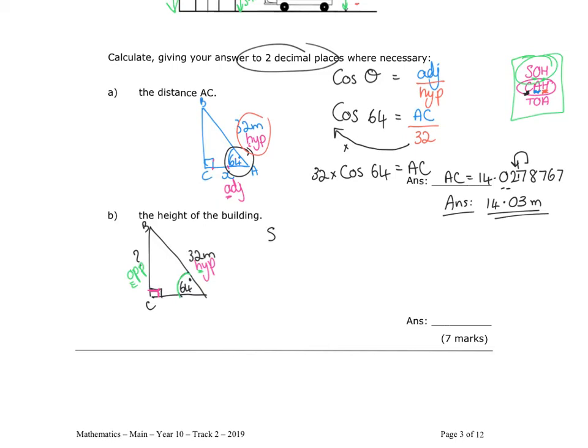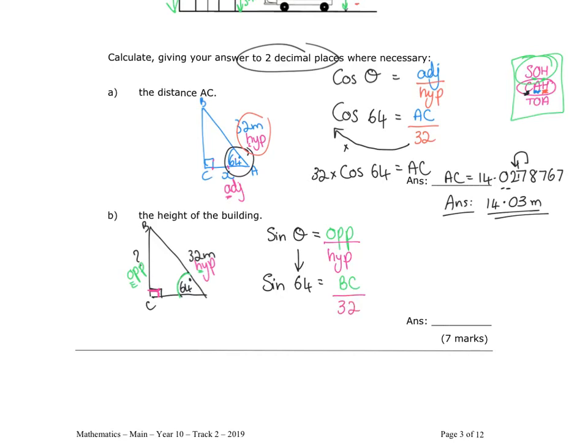S means sine theta, sine angle. O means opposite, and H means hypotenuse. So now we substitute. Sine, instead of theta, we write the angle, which is 64. Don't write 90 degrees. 90 degrees is always there. We write the 64. Opposite is BC. And the hypotenuse is 32.